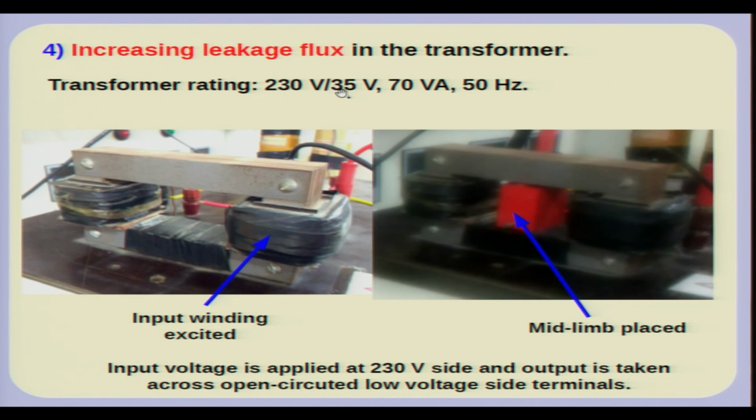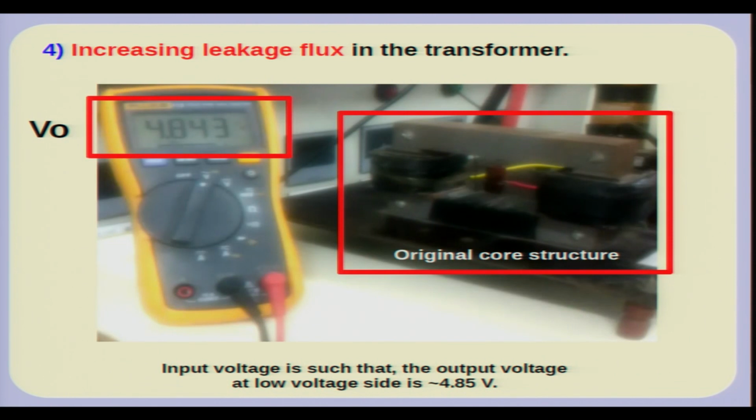But if you excite it by less than 230 volts, I am getting 4.85 volts in the secondary. Now, the middle limb is not placed. I have given less than 230 volts at the input and I am getting 4.8 volts at the output. The input voltage is not 230 volts, otherwise of course I would have got 35 volts here. So it is slightly less; I have applied slightly less voltage.